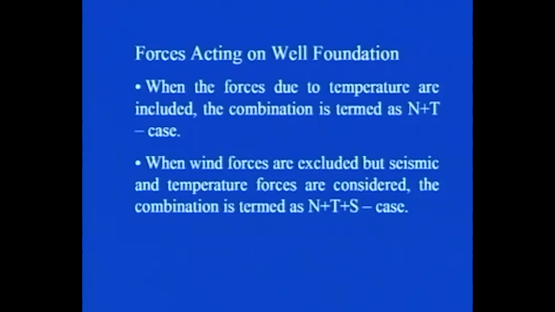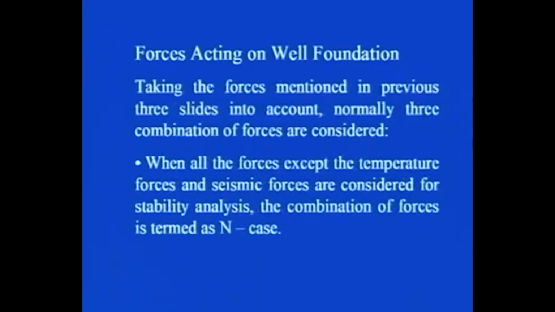When wind forces are excluded, but seismic and temperature forces are considered, the combination is termed as N plus T plus S case. So, you have to be clear about these three cases. N case means that you have considered all the forces except for temperature and seismic forces.